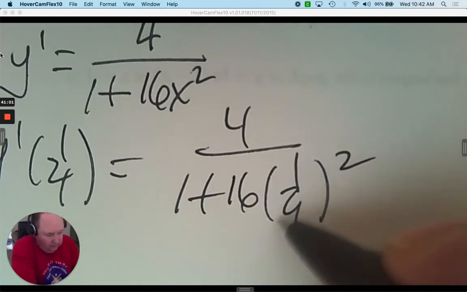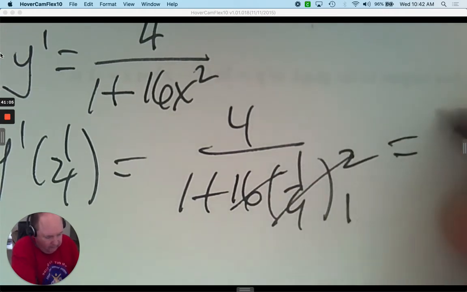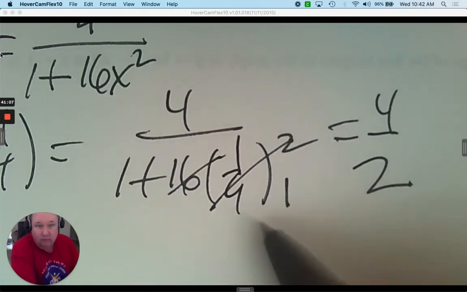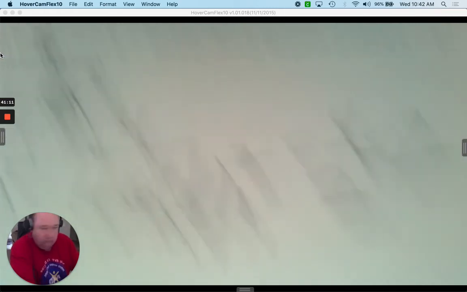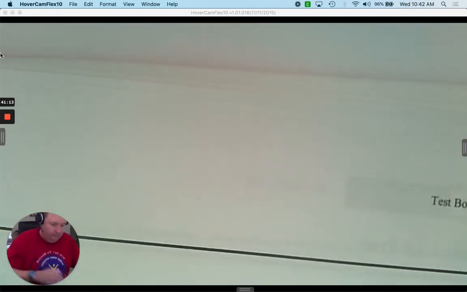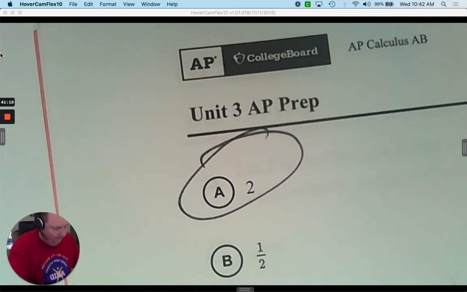So this is 16. These cross out. That leaves me with 1. So it's 4 divided by 2. 1 plus 1 is 2. 4 divided by 2. So I get the answer 2. So the answer is A.